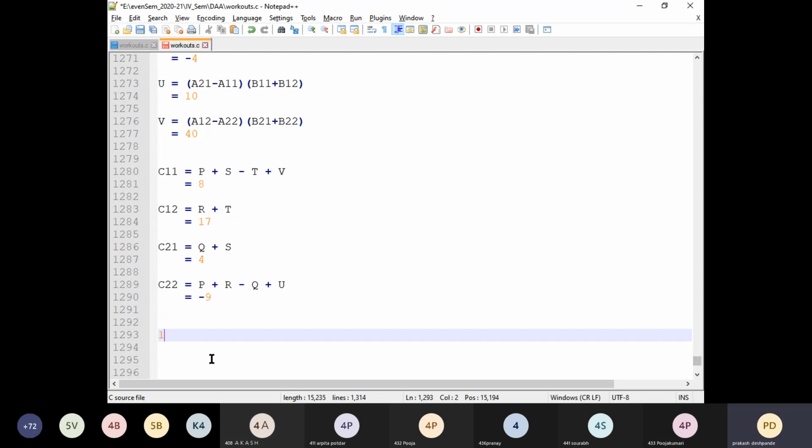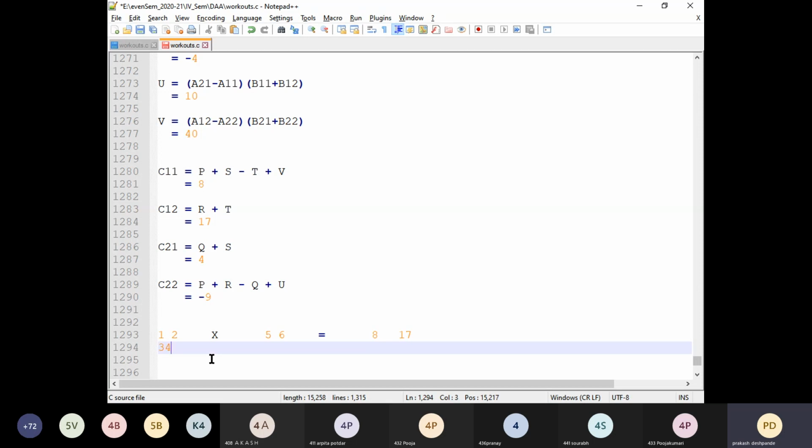So if the elements are 1, 2 multiplied by, 1 second, let me try to write it. Then you are going to get the values as 8, then this is 17.